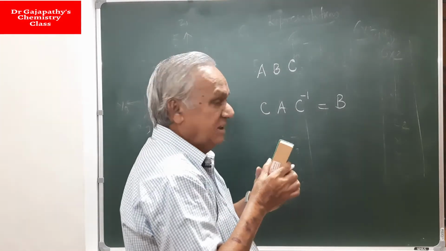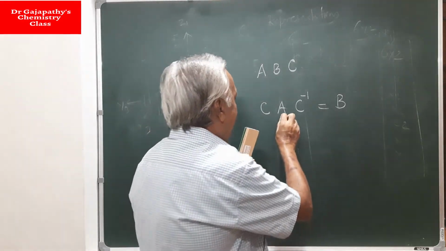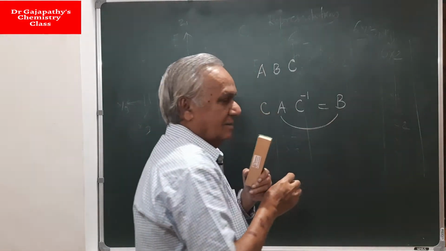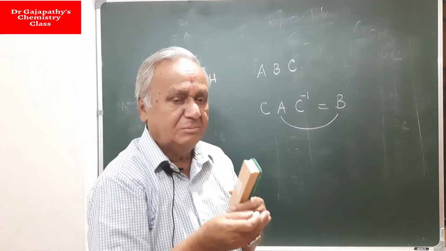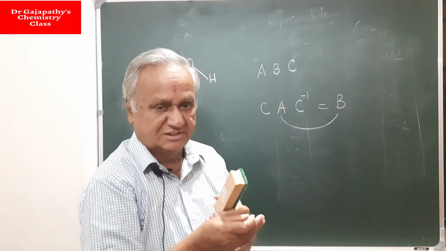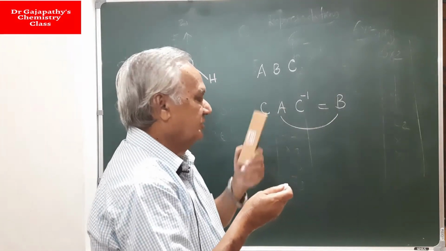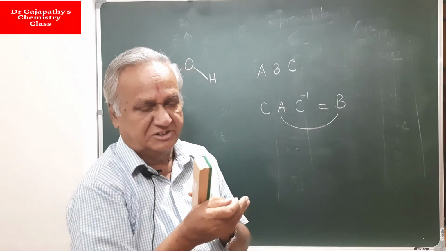If the result is B, then I will say A and B are conjugate to each other. A and B belong to the same class. This is the process called similarity transformation.